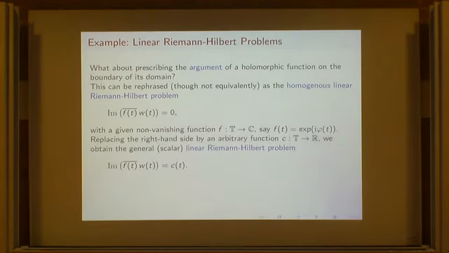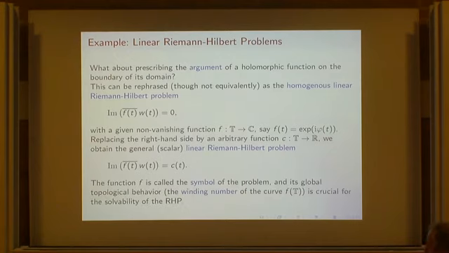Here we have a given function small f, and this w, as always, is the unknown function we are looking for. If we replace the right-hand side by c, then we get the general scalar linear Riemann-Hilbert problem. I'm only talking about scalar Riemann-Hilbert problems. And this is already an interesting object.